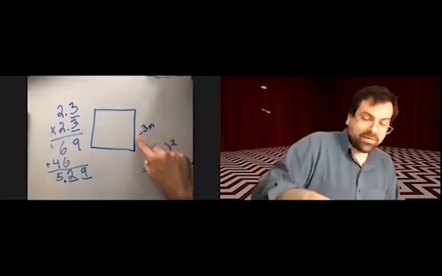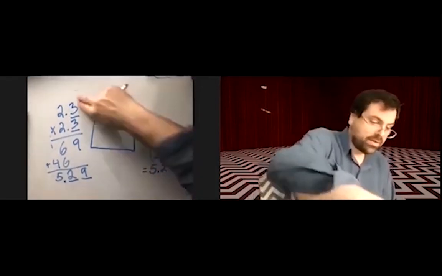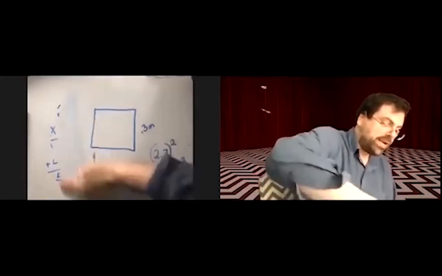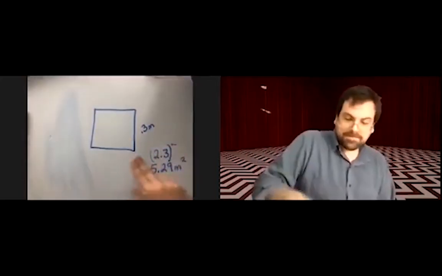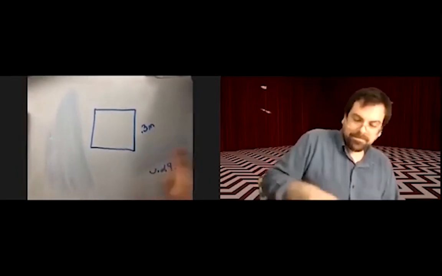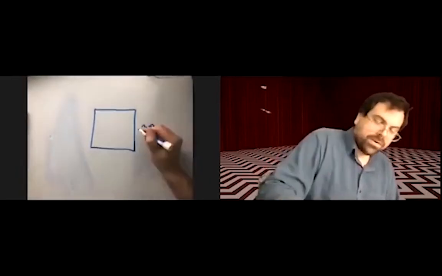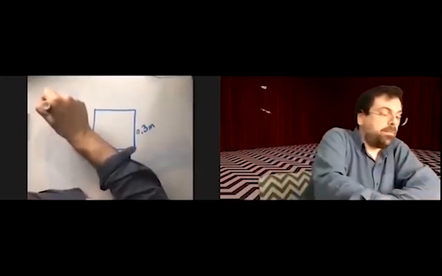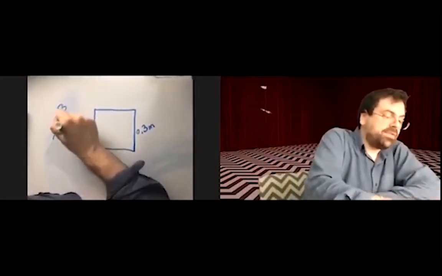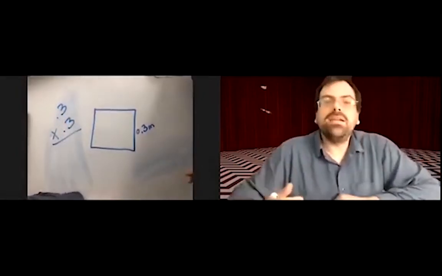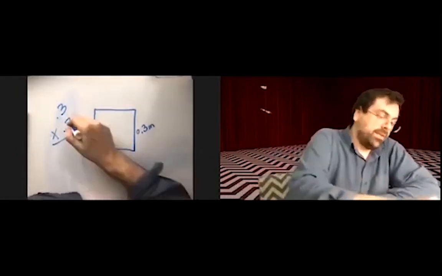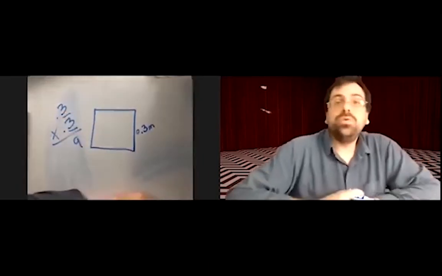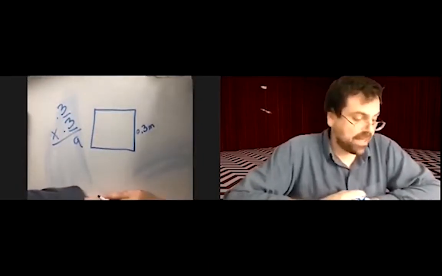Let's say the side of the square was just 0.3 meters. Well, 0.3 times 0.3 is not 0.9. 3 times 3 is 9, but notice 2 spaces past the decimal.